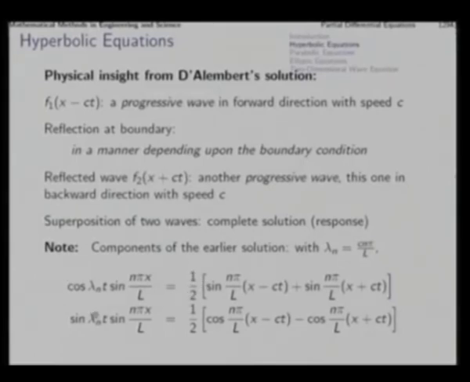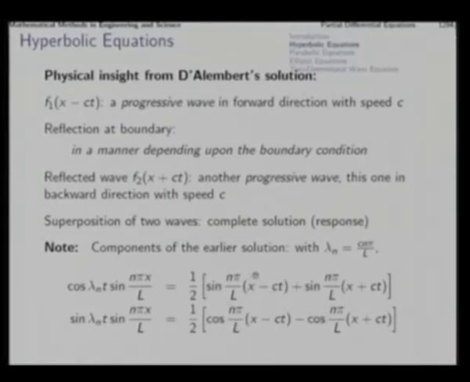So, as we put half, we get twice cos a sin b. That can be split into the form of sum of 2 sines, and similarly this sin into sin can be similarly split in the form of the difference of 2 cosines.